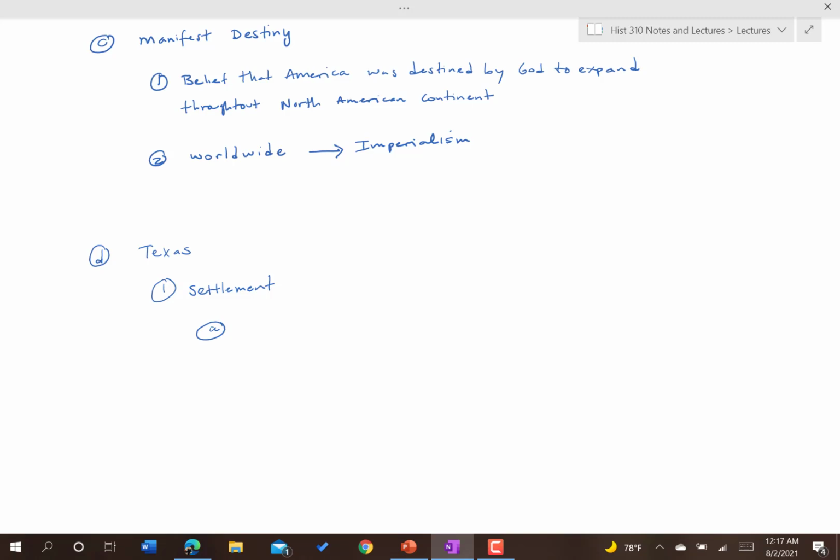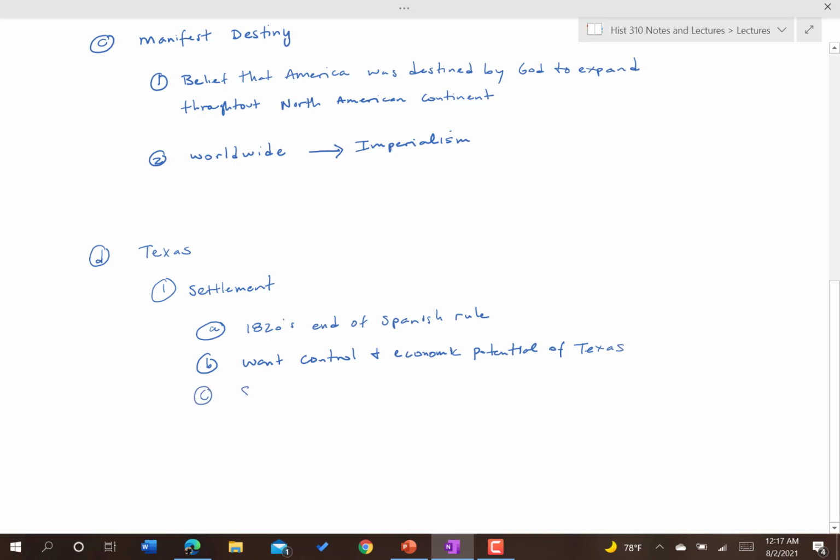And so in the 1820s, with the end of Spanish rule, they wanted to shore up control and economic potential of Texas. There were also some concerns of securing the territory from Native Americans.